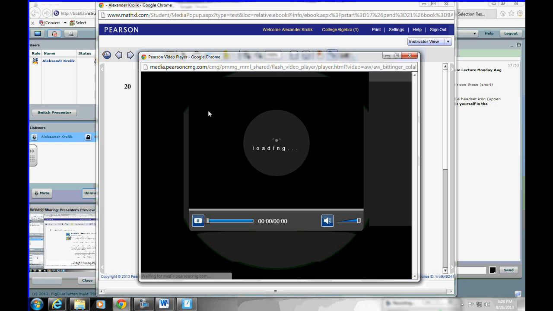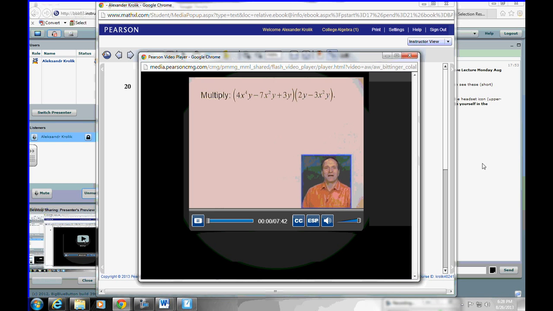If I click on one of those buttons, I'll get this guy done. And by the way, you can do this or this. Yay! Spanish, you can do that. We need to use the distributive property here.